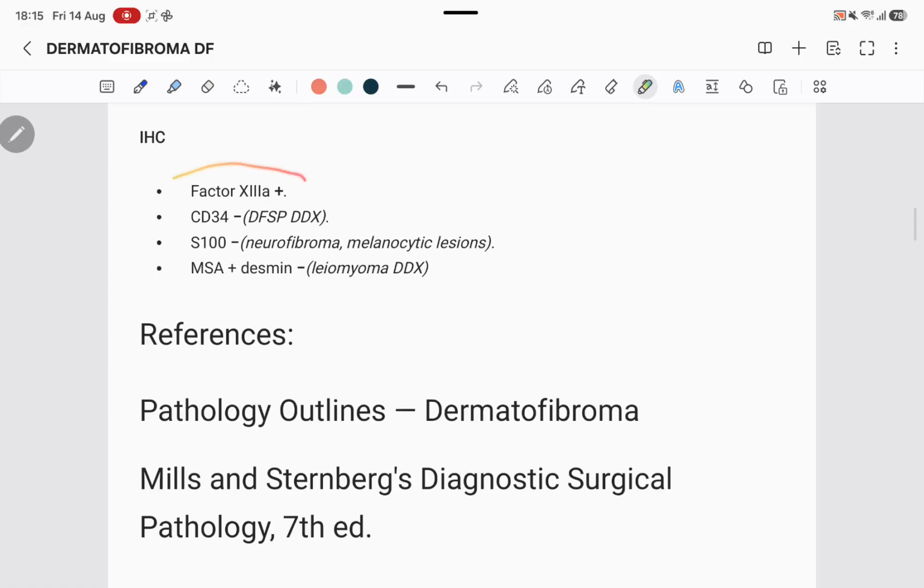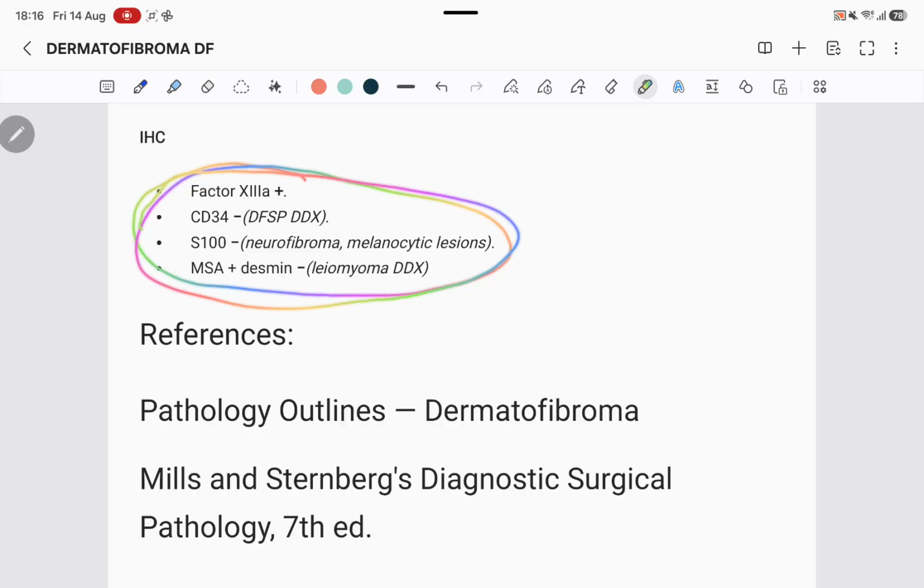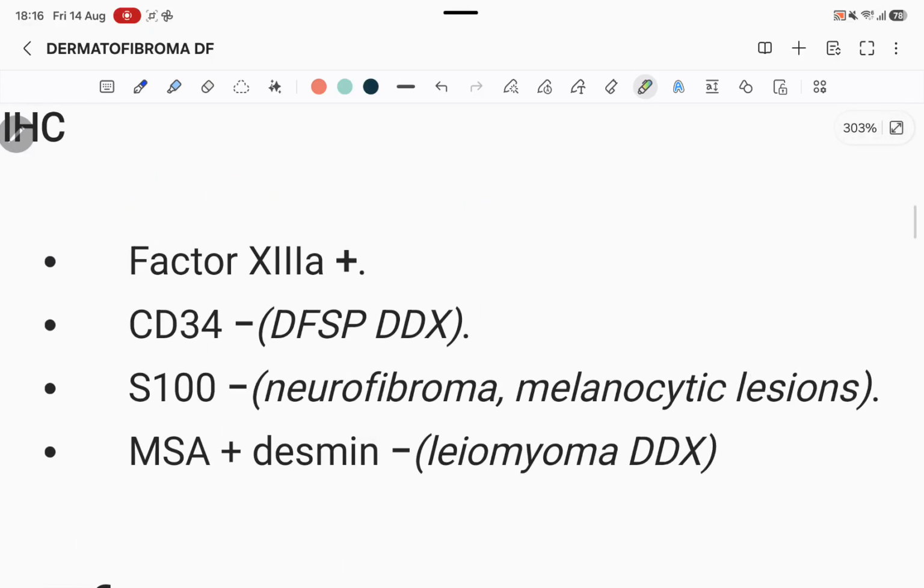For immunohistochemistry, you want to make sure that you remove the other differentials. Factor XIIIa is very specific for dermatofibroma. However, I think it can be in another disease, I don't remember its name, but it doesn't resemble it as much. So your H and E is where you make your decisions, really, your suspicions.